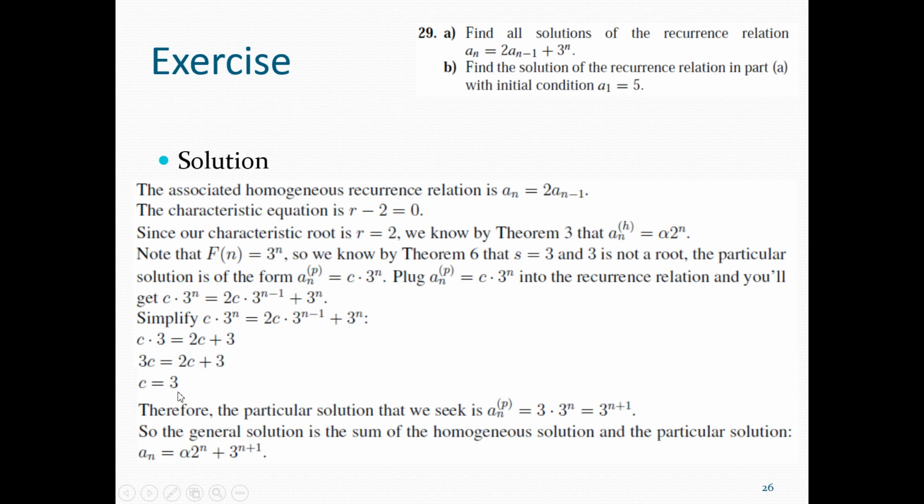So c is 3. By plugging back, a_n^(p) = 3 times 3^n, which is 3^(n+1). So the general solution is a_n^(h) + a_n^(p), that is alpha 2^n + 3^(n+1). Okay, so this is the general solution.